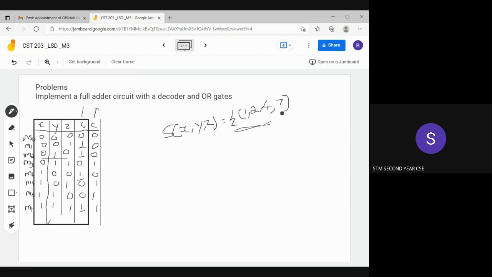This is the corresponding sum. Similarly, you can write it for carry. This is corresponding to M3, so 3.